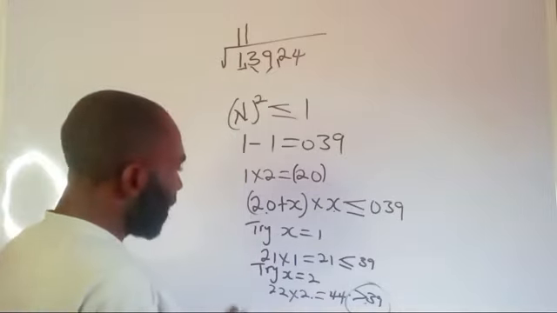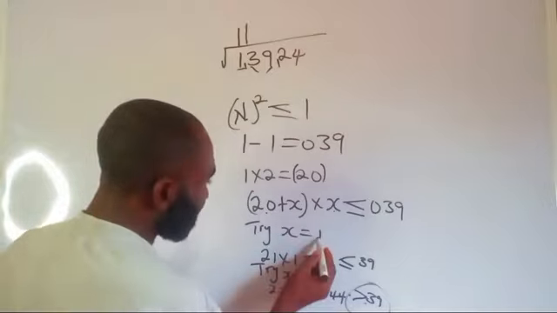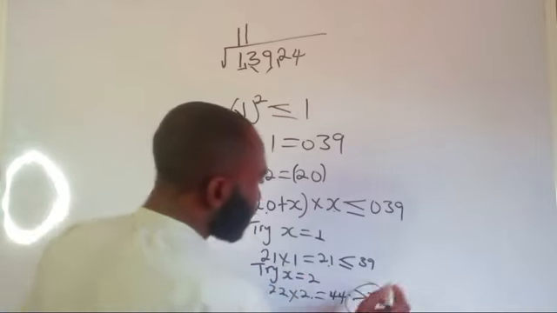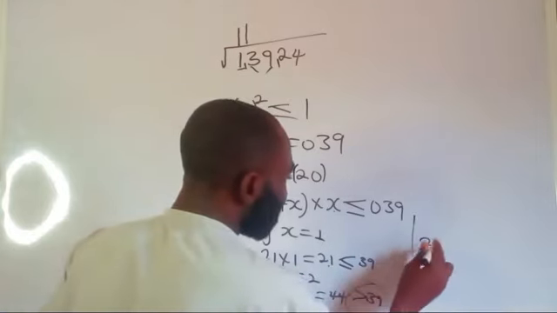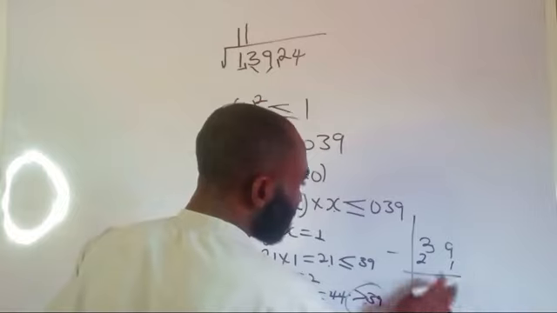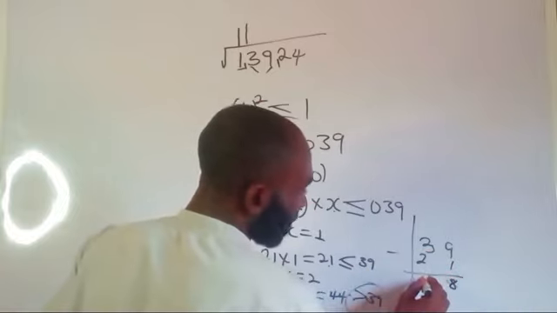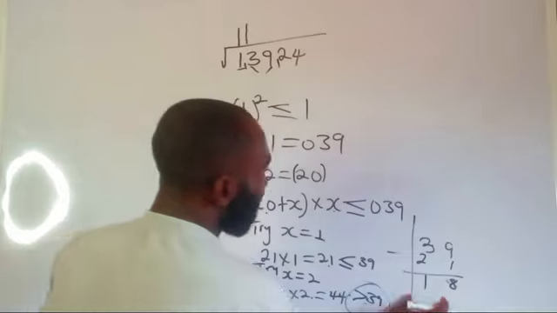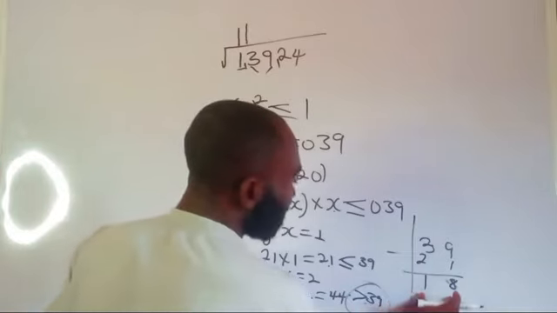Since this one satisfied the condition, it's 21. So 39 minus 21, that will give us 1 minus 9 is 8, 2 minus 3 is 1. So now that is our remainder, 18.